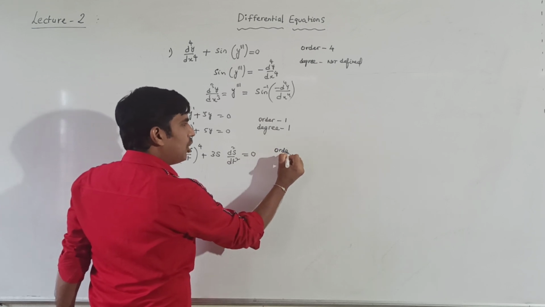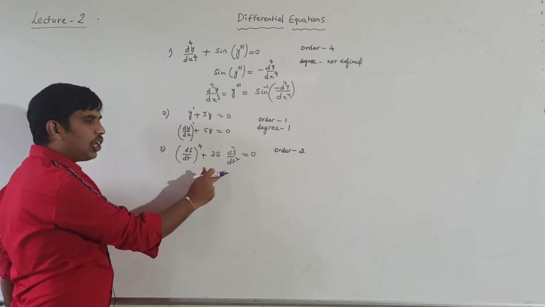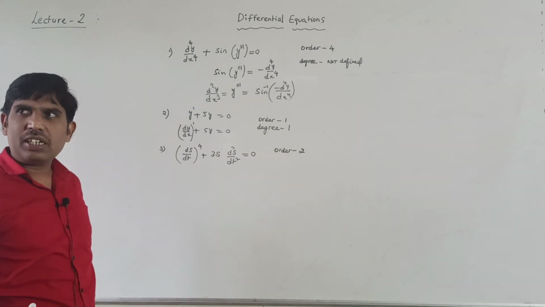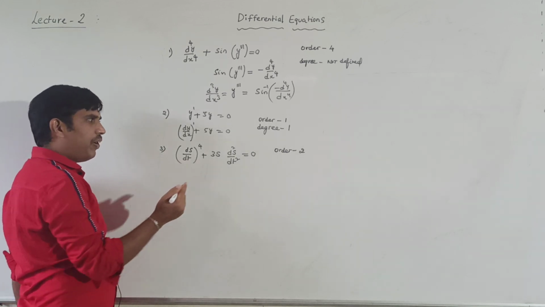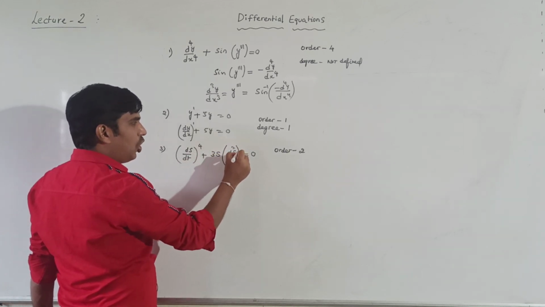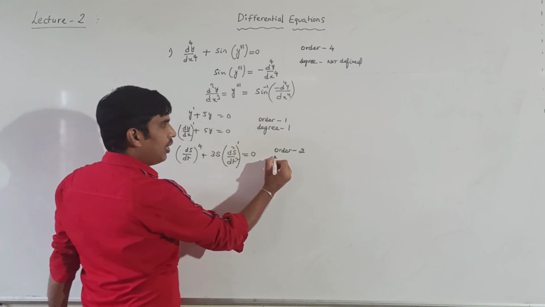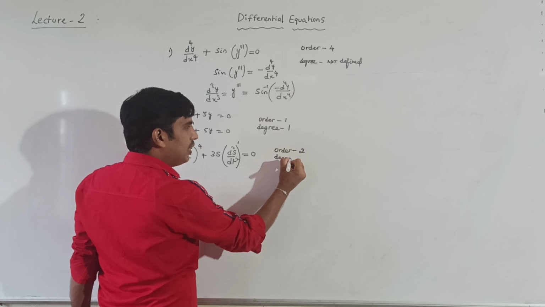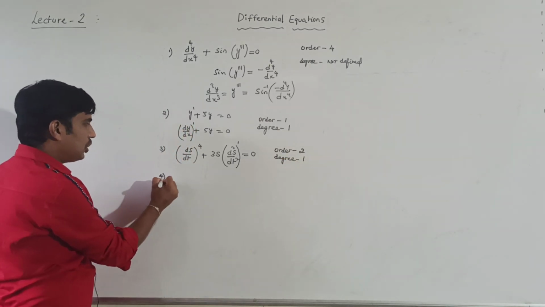Hence the order of this differential equation is 2. It does not include any transcendental function containing derivatives, right? Hence degree is defined. The power of the highest order derivative is 1. Therefore the degree of this differential equation is 1.